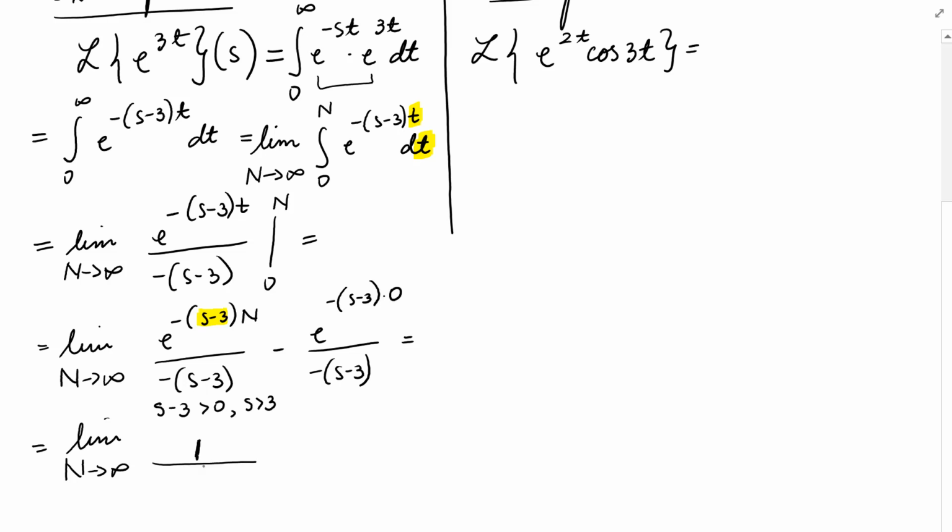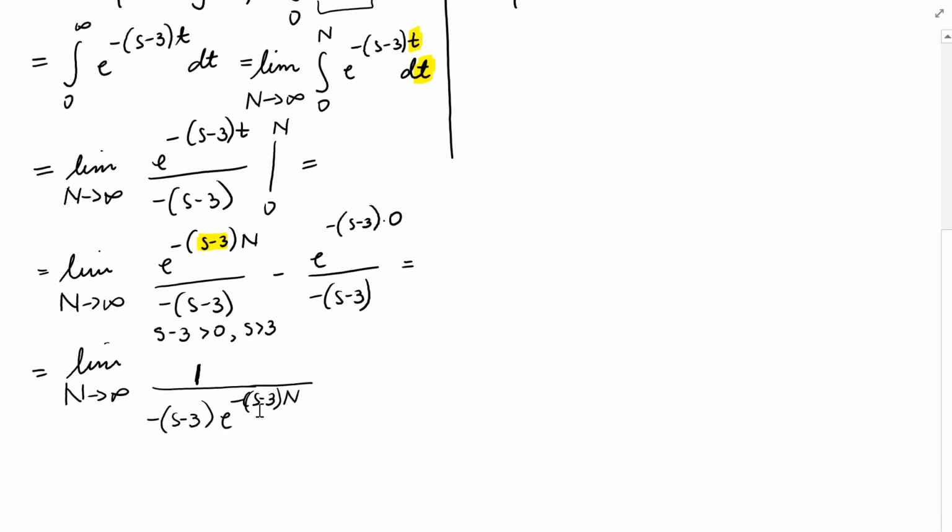So I can write 1 over negative (s minus 3) times e to the (s minus 3) times n, because this whole quantity being positive with the negative is negative, so at the denominator we don't write the negative anymore.